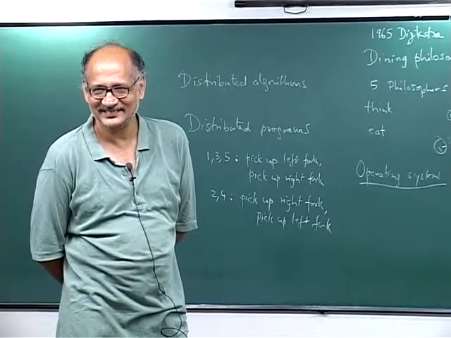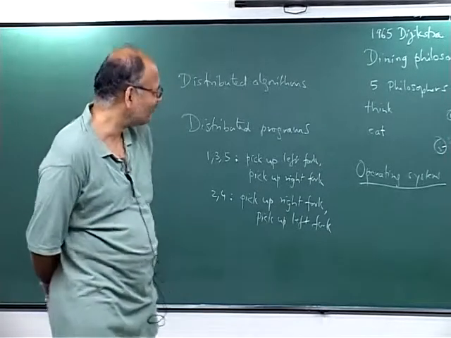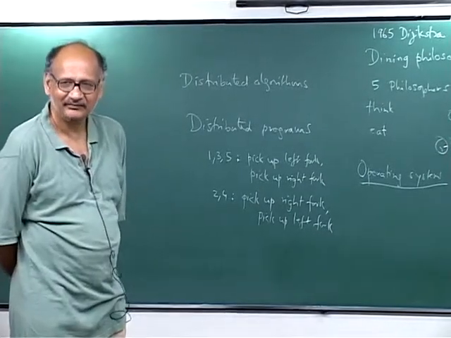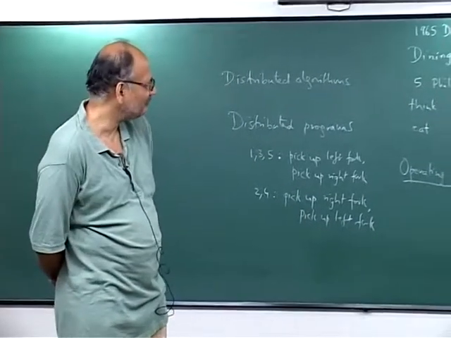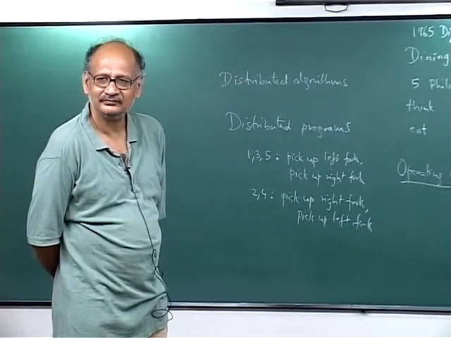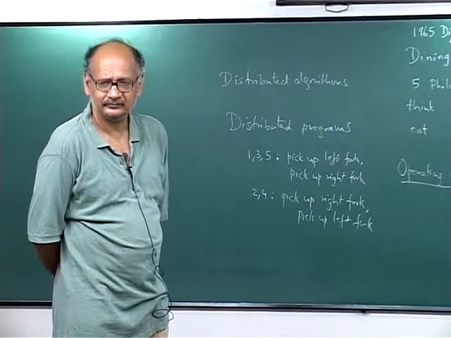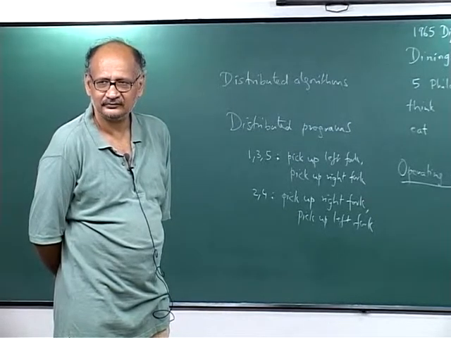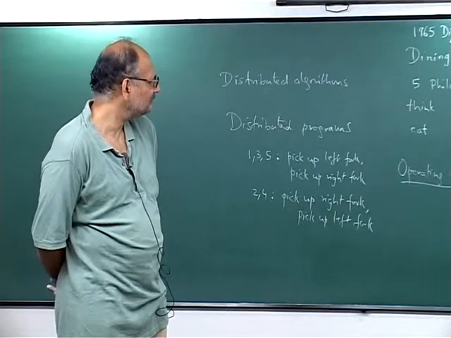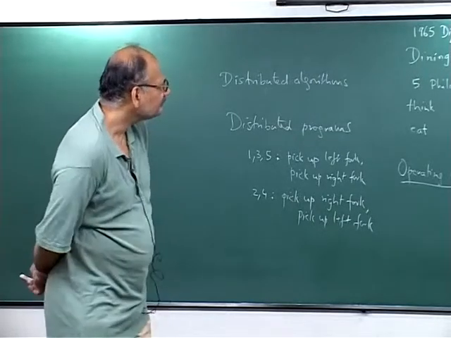In this case, when 1 picks up and 5 picks up, then 1 cannot eat. But 1 has engaged fork number 1, so even 2 cannot eat also.